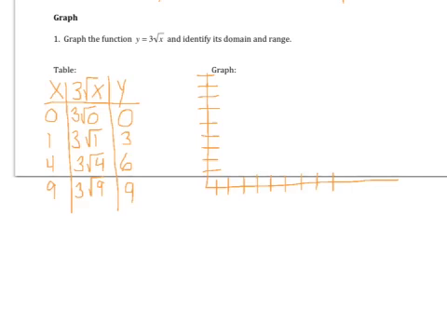All right, so my first point is at 0, 0. My second point is at 1, 3. The next point is 4, 6. And then my final point is at 9, 9. All right, and we want to make this curve look very similar to the curve that we graphed earlier.